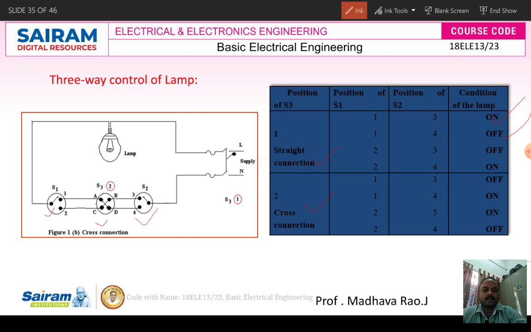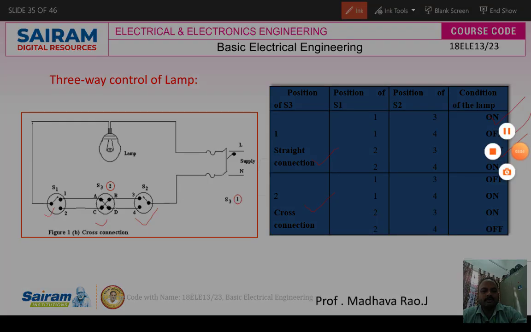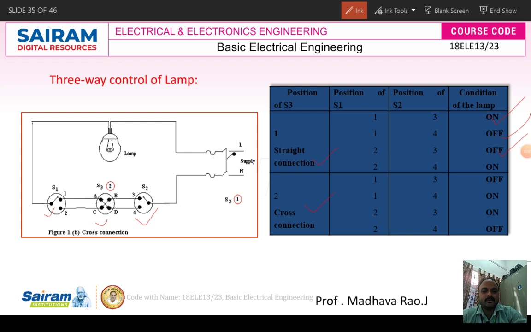Switch 1 in position 2 and switch 2 in position 3, the lamp will be off. Switch 1 in position 2 and switch 2 in position 4, the lamp will be on. So when the intermediate switch is in straight connection, this is the condition of the lamp.